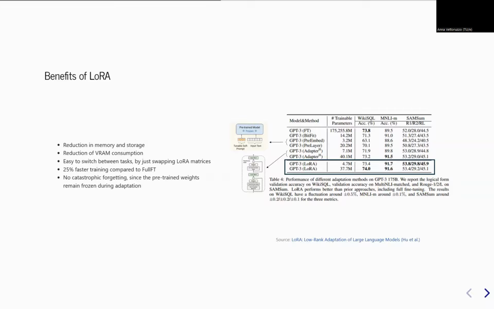The two different rows for LoRA here reflect two different variations where some LoRA hyperparameters, for instance the rank, were set in a different way. And you can see that there is a considerable reduction in the number of trainable parameters with LoRA compared to full fine-tuning. But on the other hand, the accuracy remains exactly on par, if not slightly better than the full fine-tuning techniques.